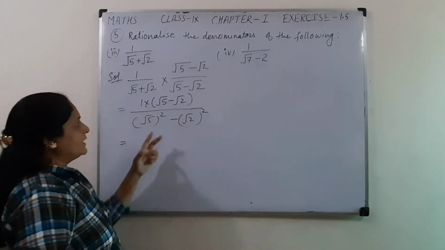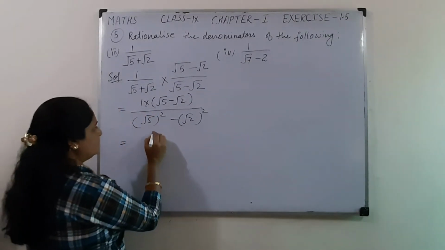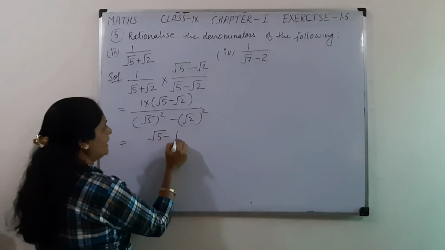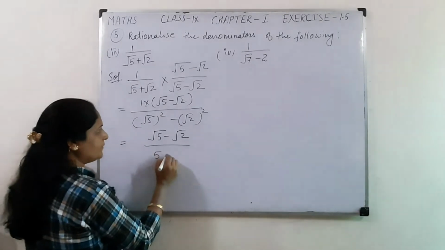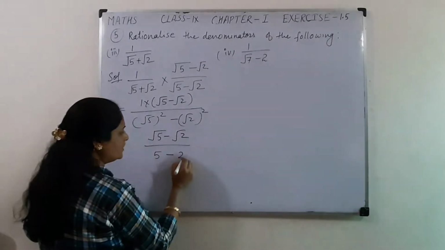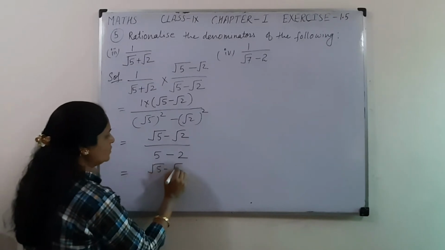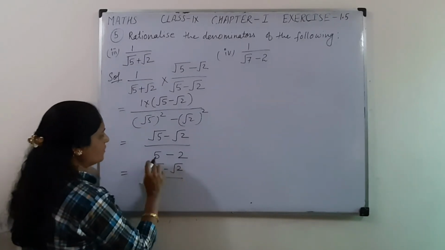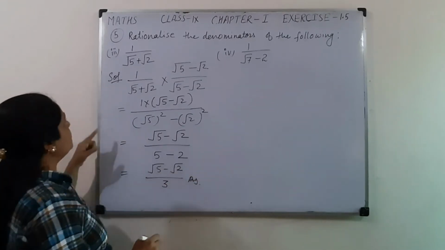When we multiply any number by 1, we get the number itself. So here root 5 minus root 2 upon root 5 square will be 5, minus root 2 square will be 2. So root 5 minus root 2 upon 5 minus 2 is 3. This is the answer of the 3rd.